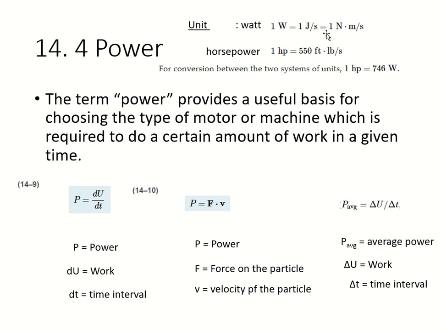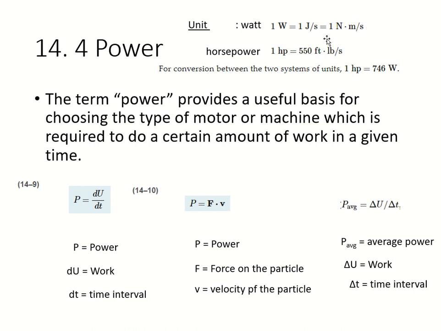And 1 watt is nothing but one joule per second. This is because your power is your work done divided by your time. So we have the work unit joule divided by the time unit, second. Joule, we know, comes from your force, which is your Newton, and then of course velocity is meters per second.